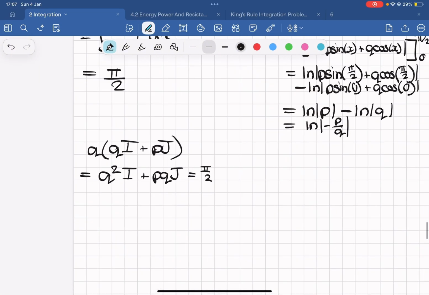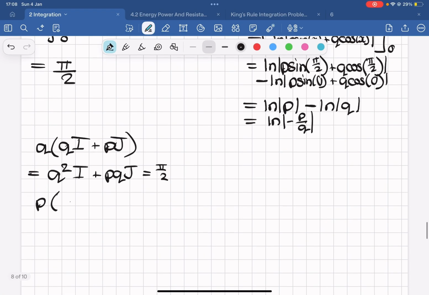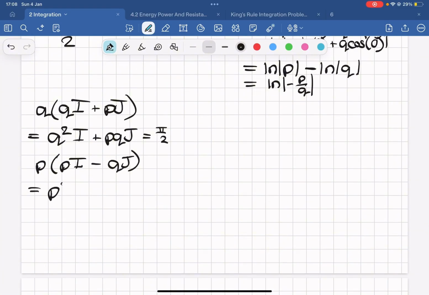And then similarly for the second expression, we do p times it, so p squared I minus pqj equals ln minus pi over q.